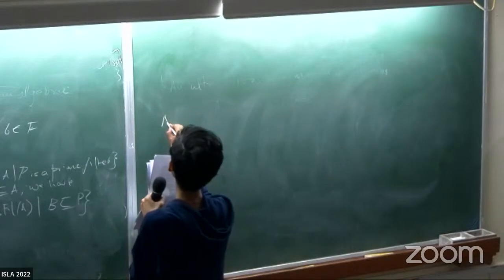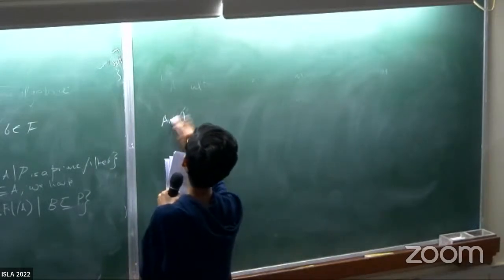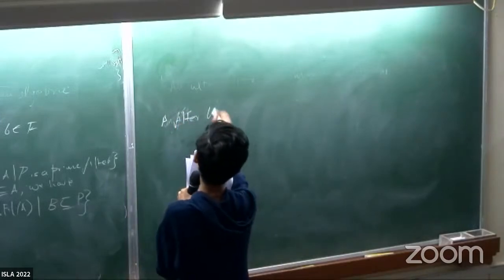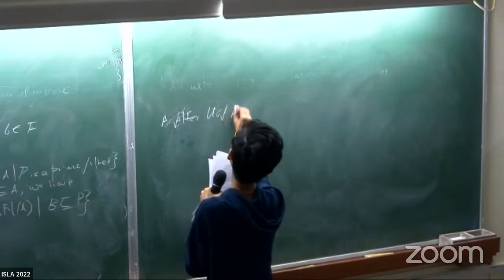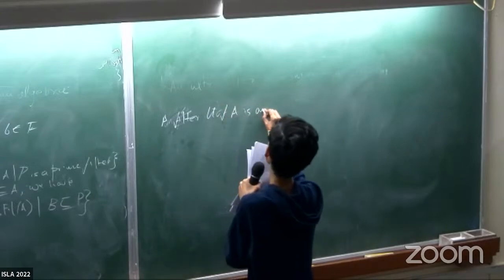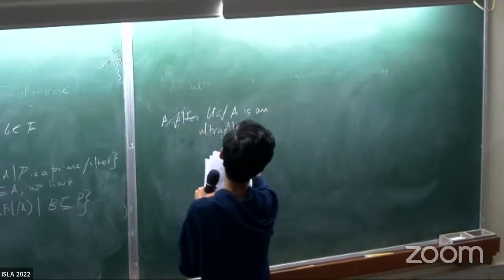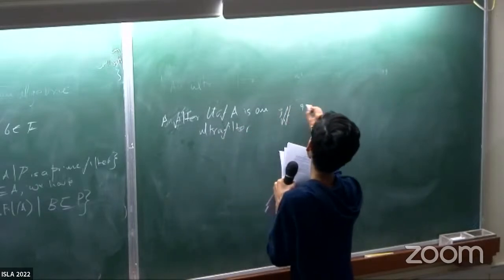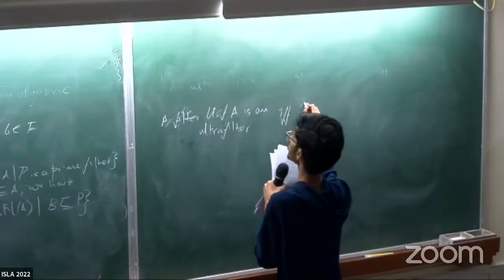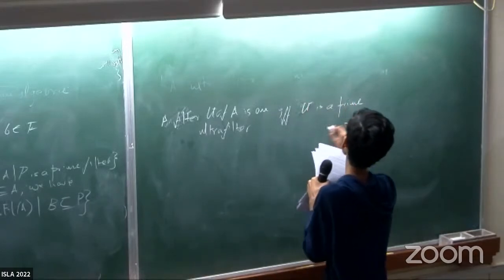So a filter U of A is an ultrafilter if and only if U is a prime filter.